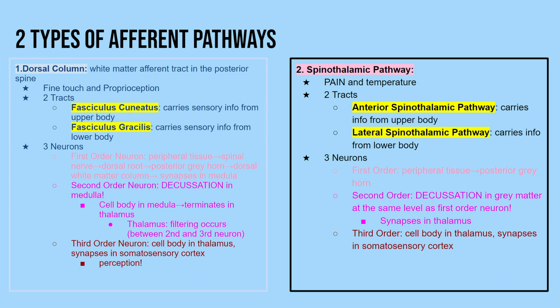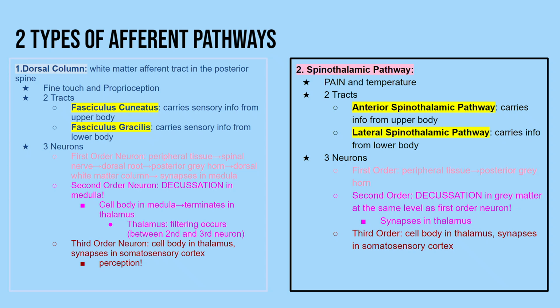And then these slides just break down specifically for each pathway what the 3 neurons that we talked about before are doing. So they're pretty much very similar, but you have to just note where decussation occurs. So in the dorsal column pathway, crossing over occurs in the medulla, which is in your brainstem.